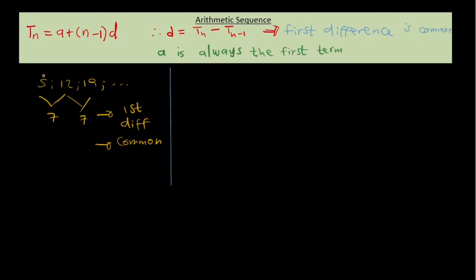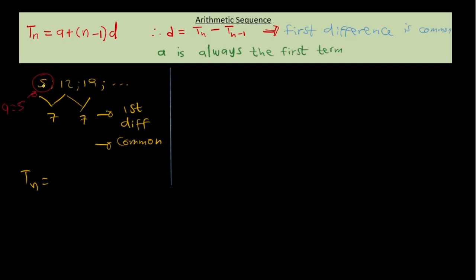In this case, 5 will be equals to A, right? This is the general nth term of an arithmetic sequence. Let's define that. We already know the value of A, which is 5.